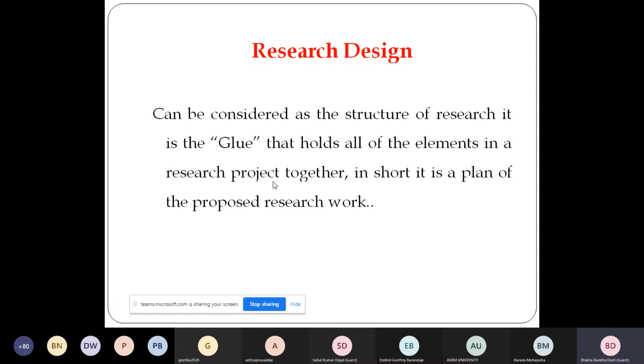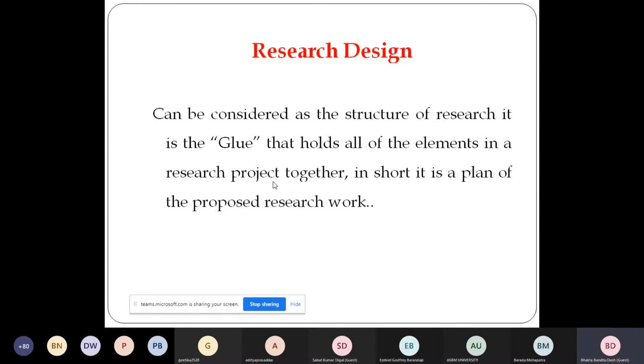From the research design itself, a researcher can understand what type of design is being used. I'll tell you how it is reflected. Even when you write down the title of your thesis or your report, from the title a researcher can understand what research design must have been used in that particular research area.